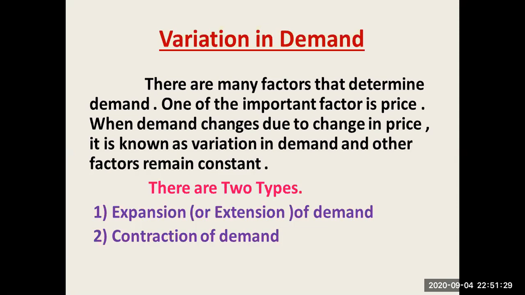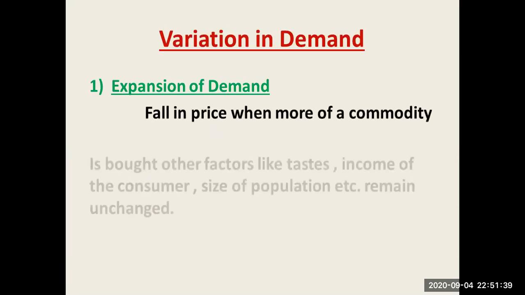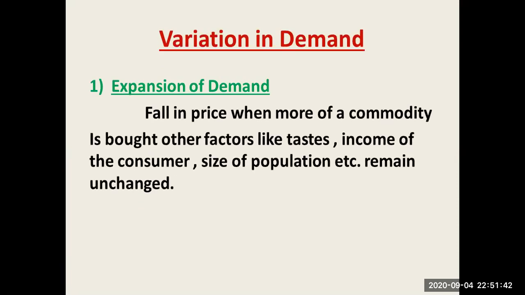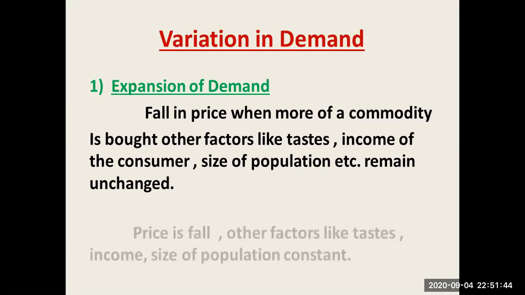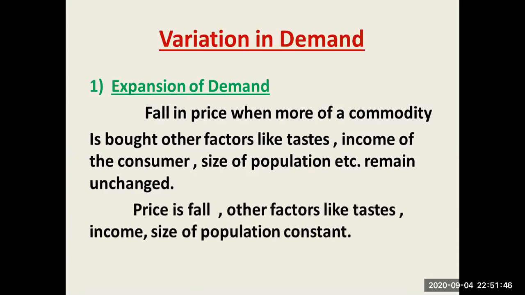So the first is the expansion of demand. We know expand means to increase, to rise. So, with a fall in price, more of a commodity is bought, while other factors like taste, income of the consumer, size of population, etc. remain unchanged.